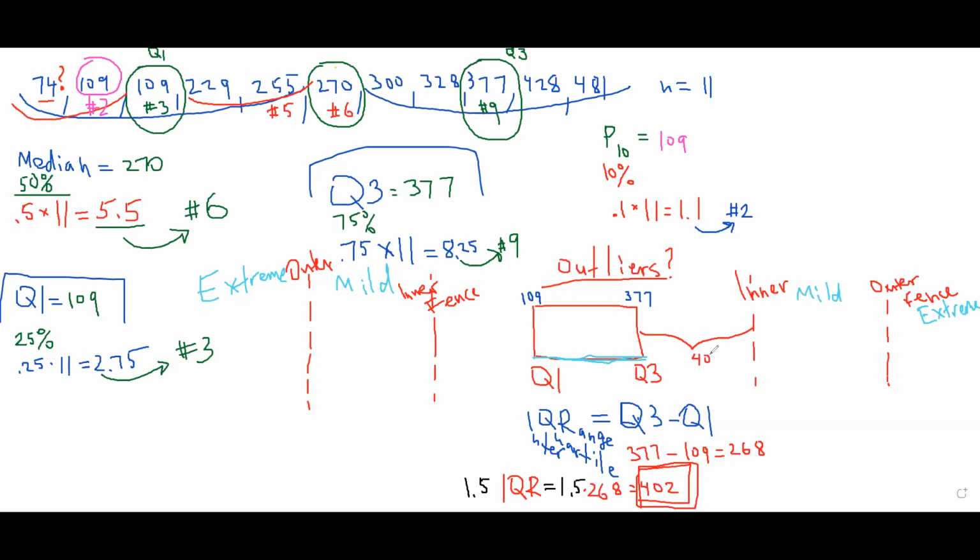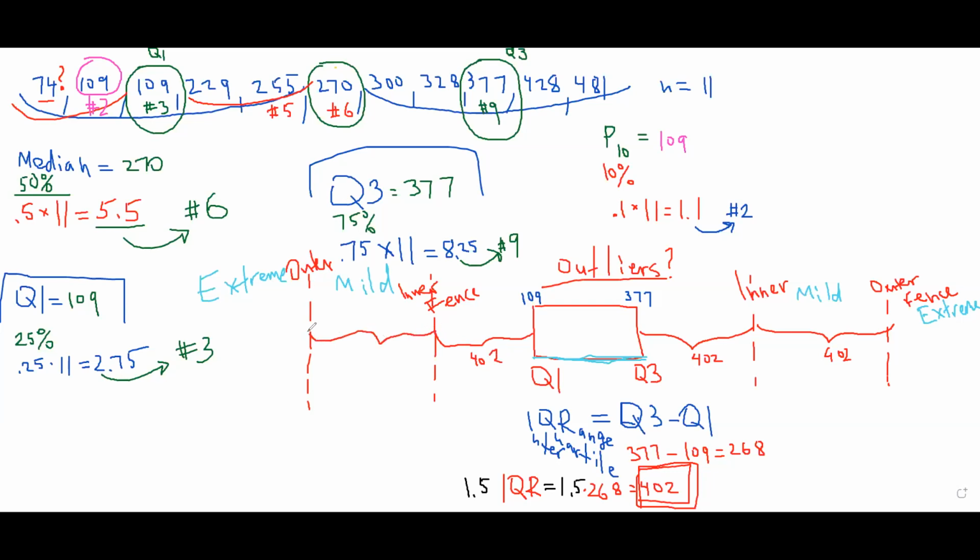But the idea here is that once you found this number, which is 402, which is the interquartile range multiplied by 1.5, well, then you can produce those fences by moving away from the sides of the box to the right and to the left by this 402.